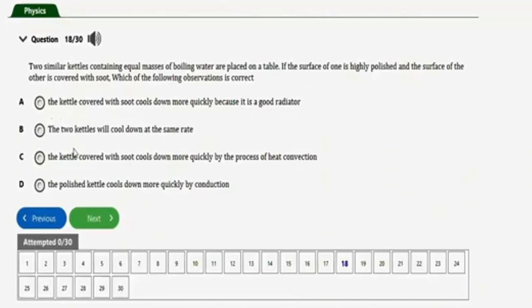C, the kettle covered with soot cools down more quickly by the process of heat convection. D, the polished kettle cools down more quickly by conduction. So guys, the correct option to this question will be option A. The kettle covered with soot cools down more quickly because it is a good radiator. So that's it for this question. Let's go to the next one.